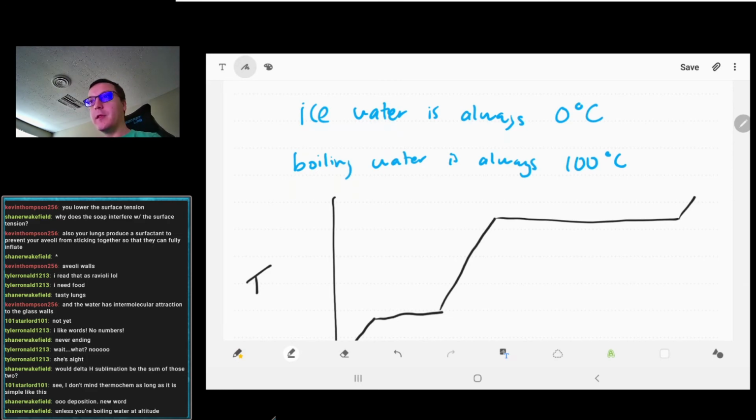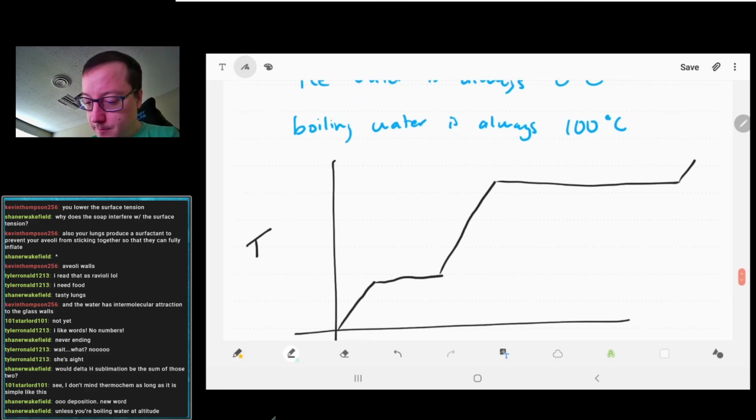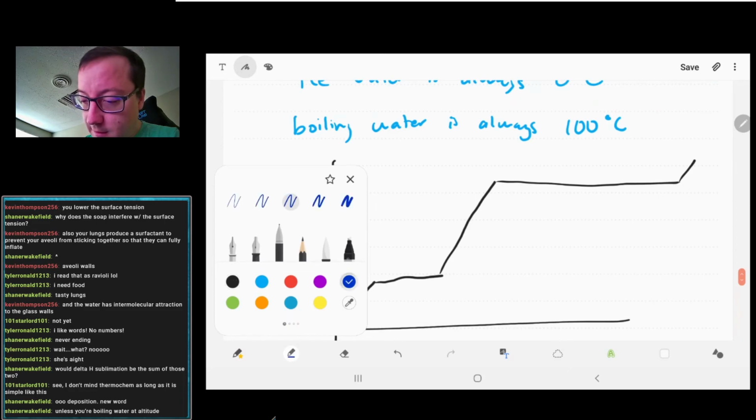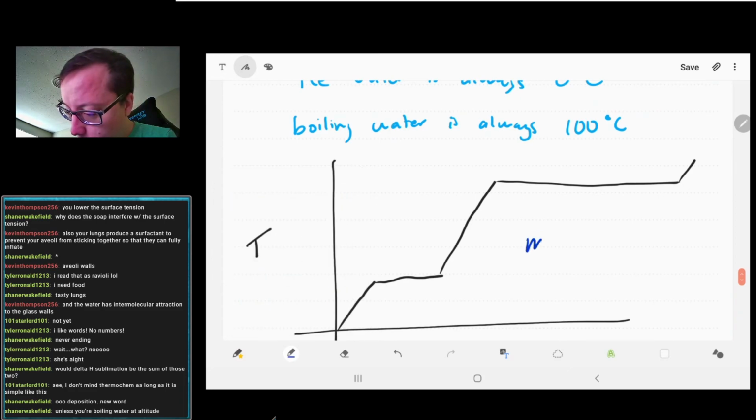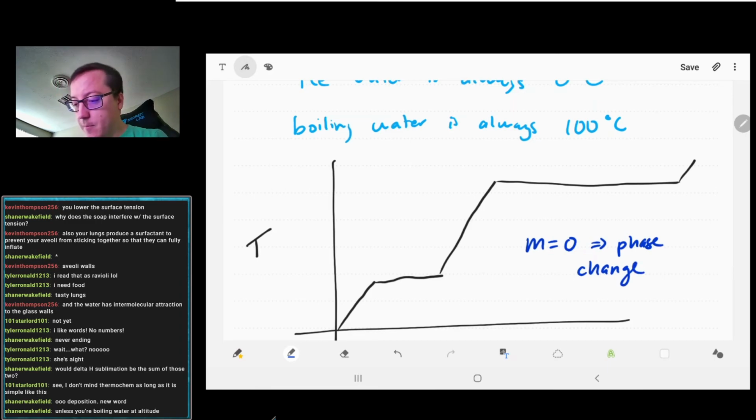As we go, these areas indicate a phase change. So this one would be, for example, boiling. That's where the slope is 0, a horizontal line, no temperature change.